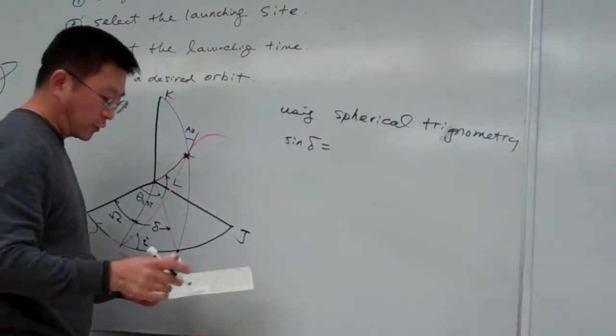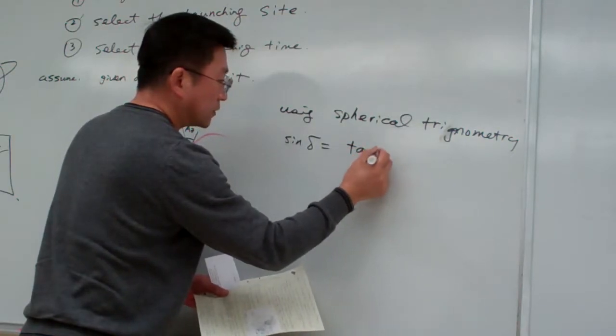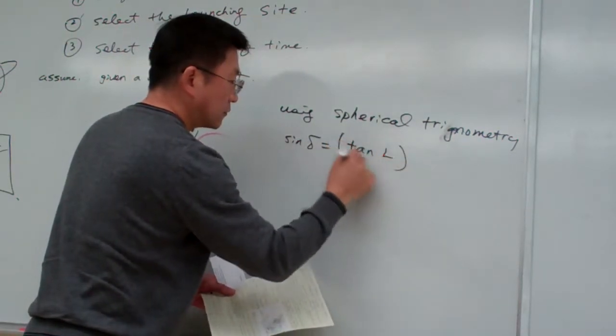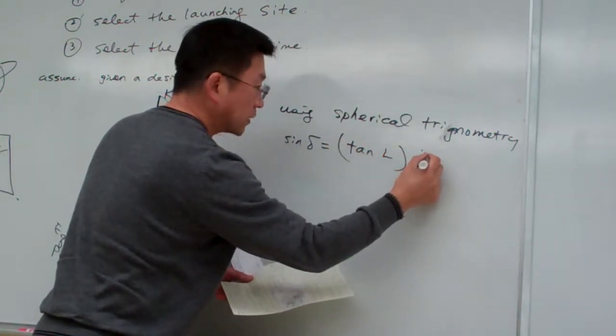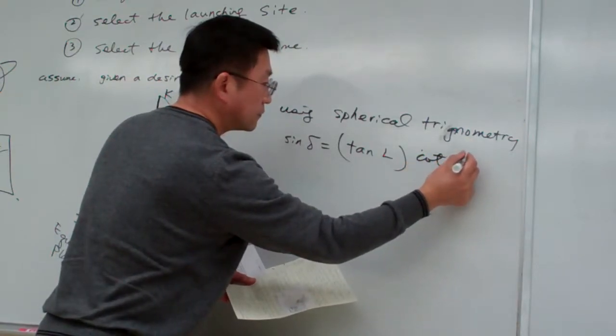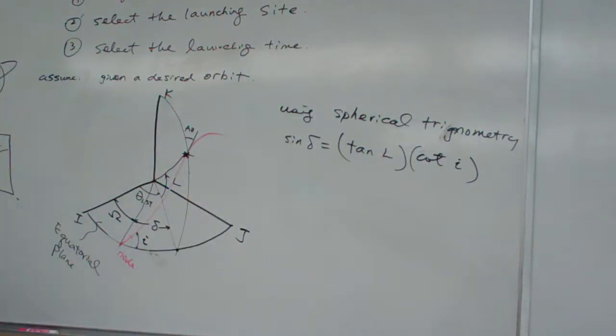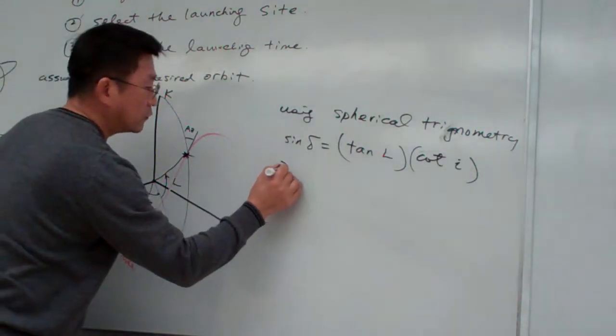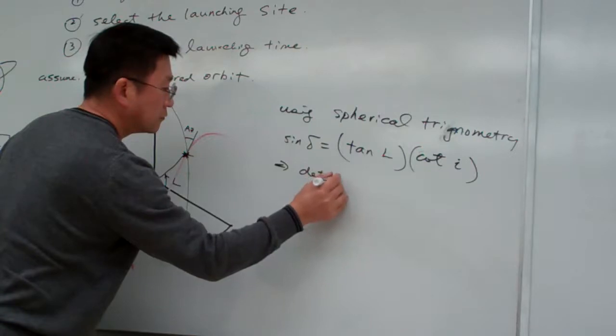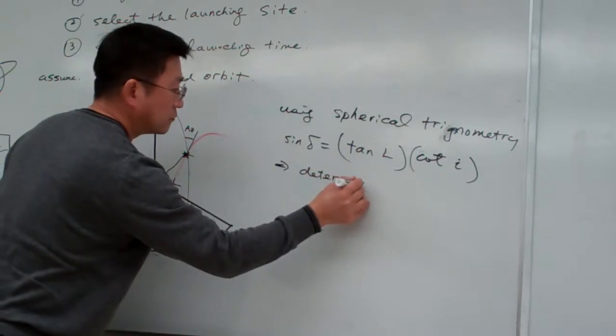Here we can calculate delta, and that directly gives you the formula, times cotangent I. Therefore, from here we can determine delta.